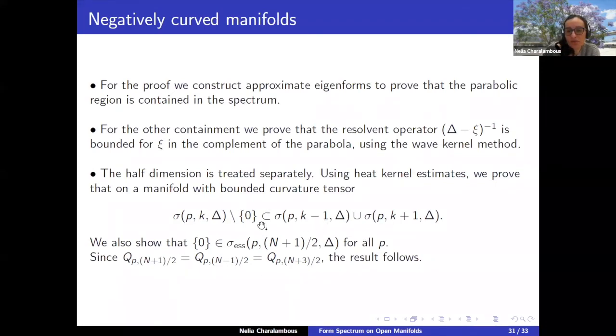We use the observation that the parabola for this half dimension, if you just look at the equation that you have, is the same for half dimension, and it's the same for the k-1 before it and the k+1 after it. So other than 0, everything that you can have in the half dimension parabola came from the dimensions before and above, which are the same. So you cannot get anything more for half dimension except for 0. The only additional point is 0, and we prove that 0 is in the L^p spectrum in this half dimension.